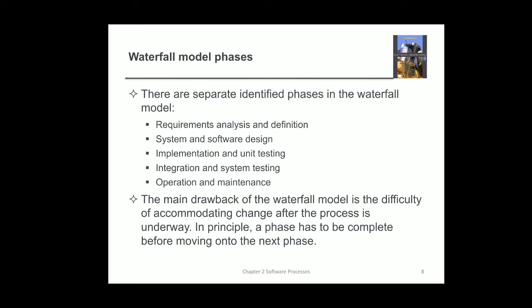Once the unit testing is done, the individual program units or programs are integrated and tested as a complete system to ensure that the software requirements have been met. Once unit testing is done, we integrate all the components.